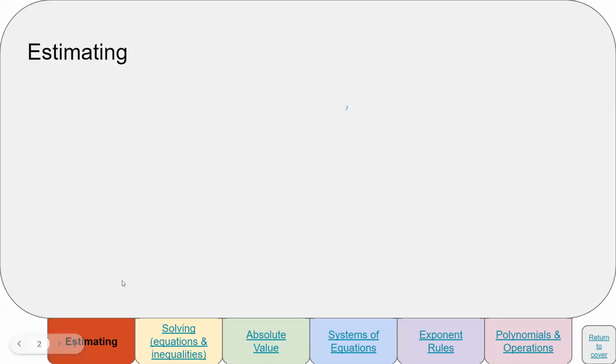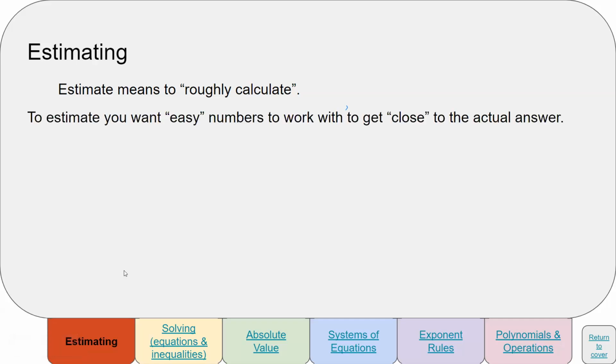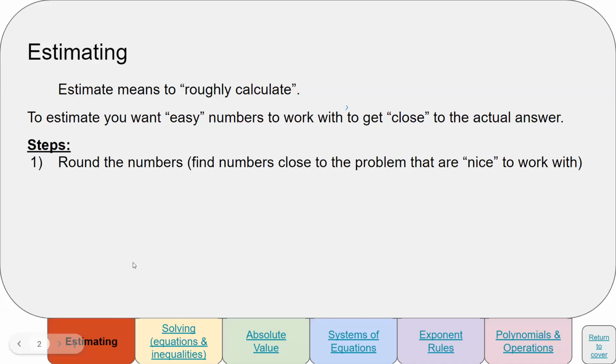So going with estimating, the first thing we need to know is estimating means to roughly calculate. The whole purpose of estimating is you want easy numbers to work with. So you're going to get close to the actual answer, but you're going to be able to find it really quick because you're working with numbers that you really like and that you know the facts with. So your steps are you're going to round the numbers.